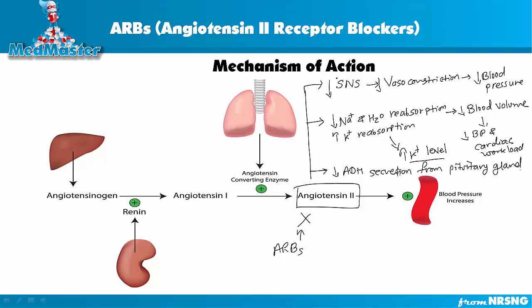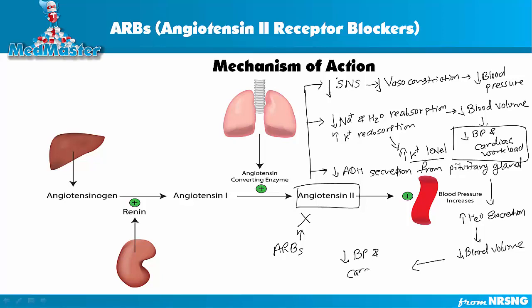When it decreases the ADH secretion, which is antidiuretic hormone, it's going to increase water excretion in the kidneys, and when it increases the water excretion, it's going to decrease the blood volume, and we can refer back to what that does: decrease in blood pressure and cardiac workload.